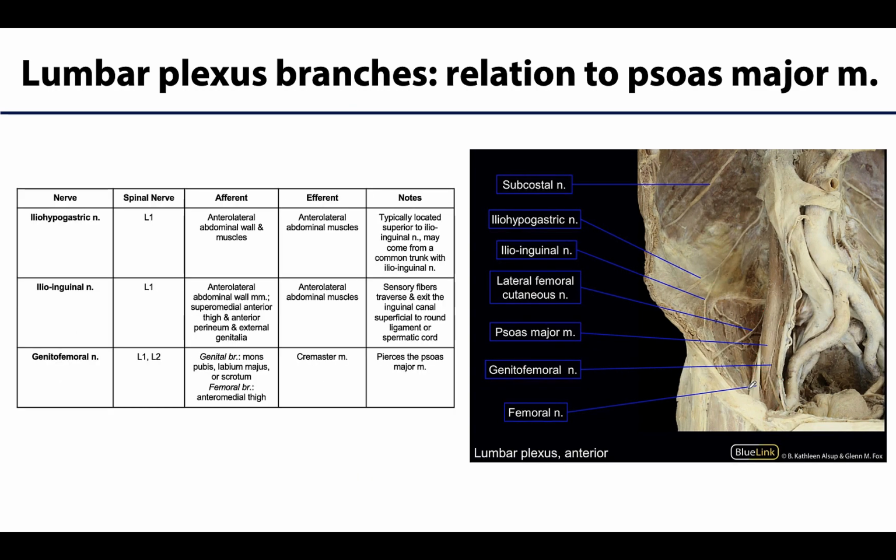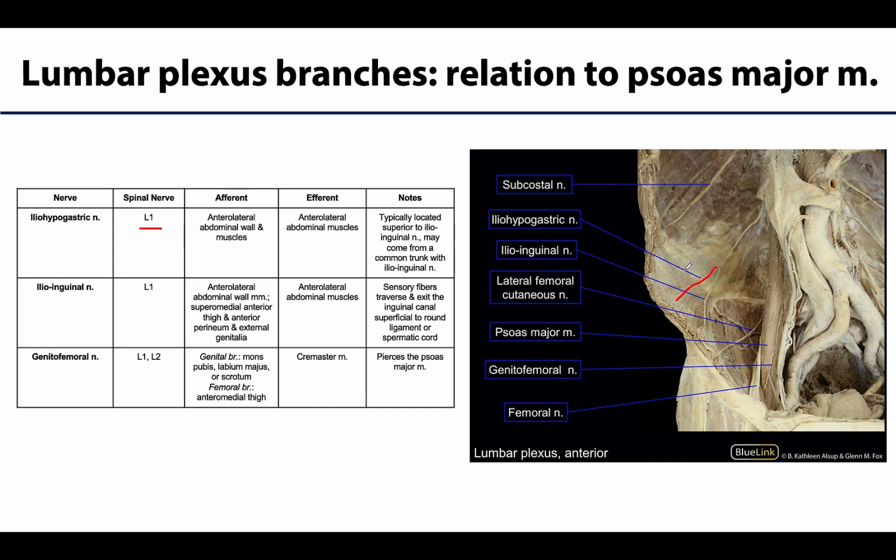So let's spend the last few minutes of our time here focusing a bit more on the functions of these more superior branches of the lumbar plexus, as they have bigger roles either in the abdomen or the pelvis or both. So the iliohypogastric nerve, which you can see here, is going to be composed of fibers of L1, only fibers of L1. So not one of those typical plexus nerves, which will have fiber contributions from multiple levels.